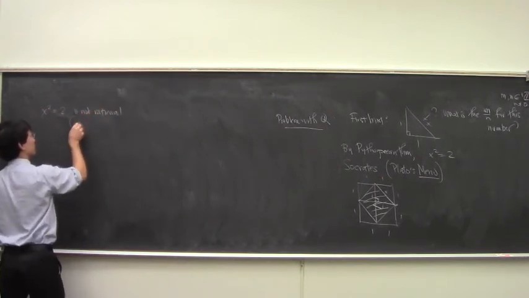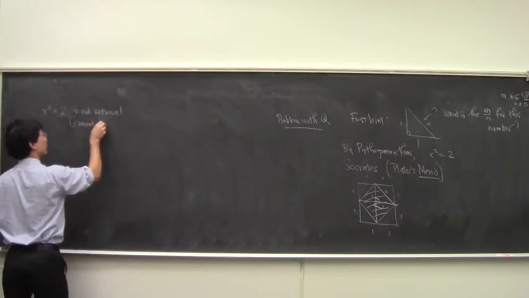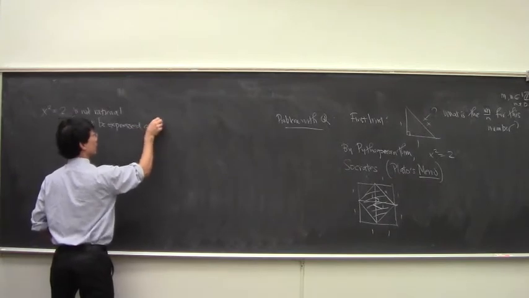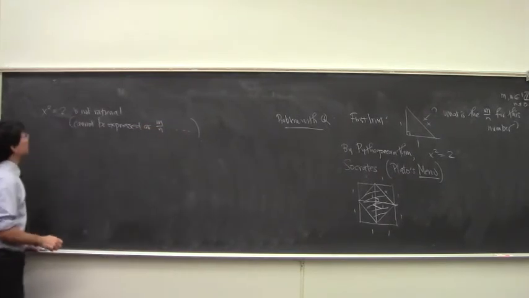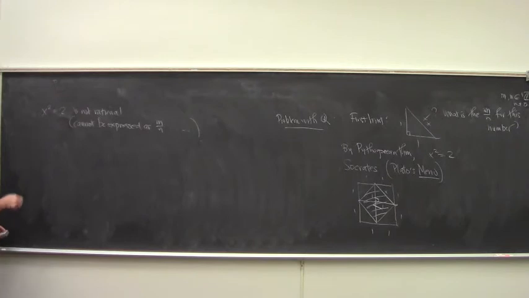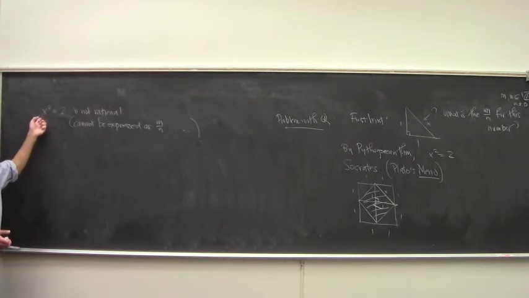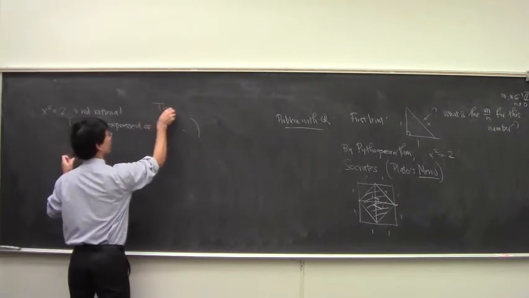It cannot be expressed as m over n. And I should say that there's another place in Plato where he says nobody is worthy of the name of human unless they understand this argument, unless they understand why this is true. That's in another dialogue.